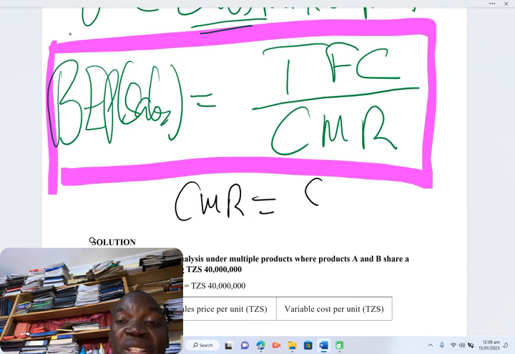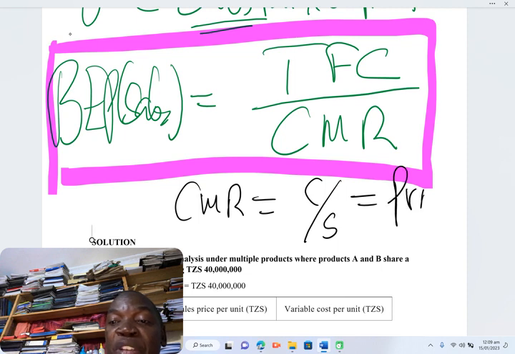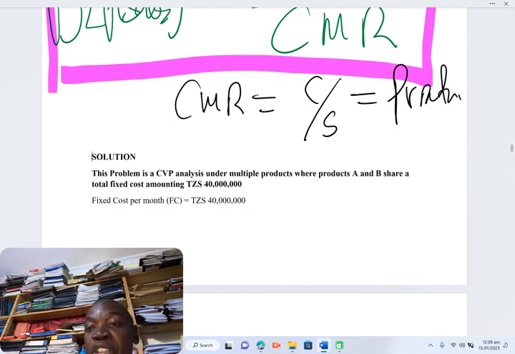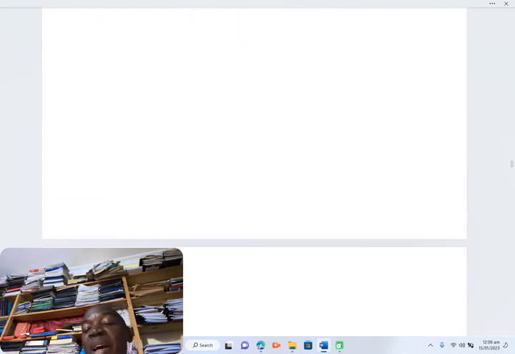Some people use PV ratio. Those are words used in different books, and different authors like to use their own defined names. So you should not worry about this.